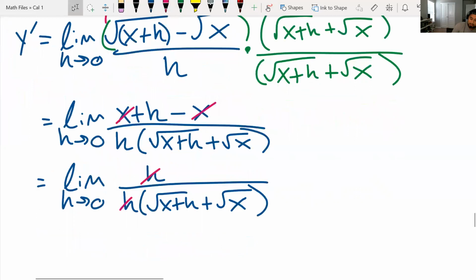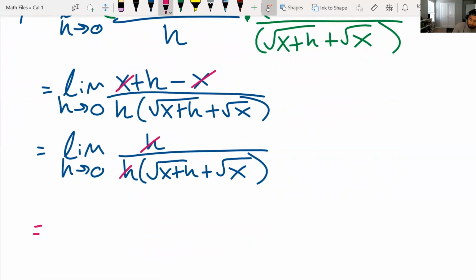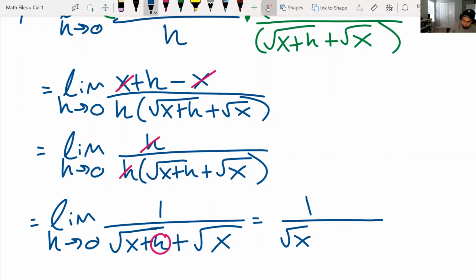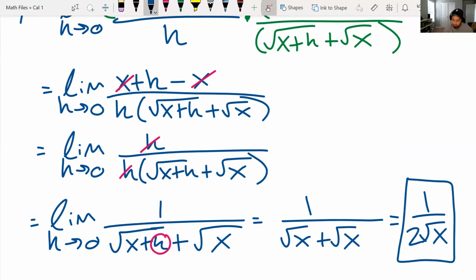And what we are left with is the limit as h approaches 0 of 1 over the square root of x plus h plus the square root of x, where it is now safe to plug in 0 for h, which leaves us with 1 over square root x plus square root x, which becomes 1 over 2 square root x. There it is. There's our derivative.